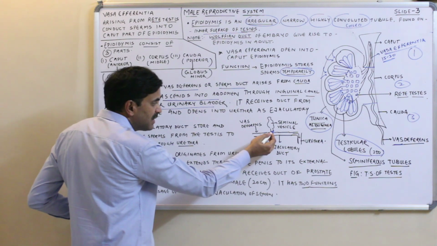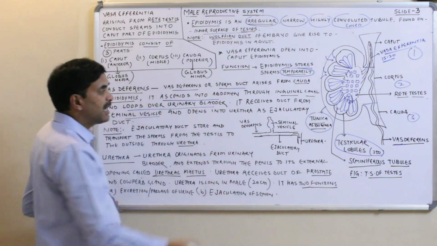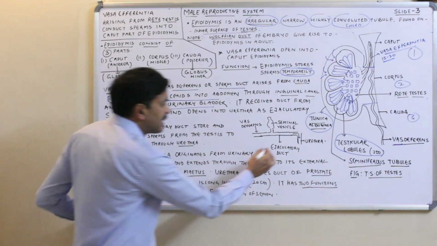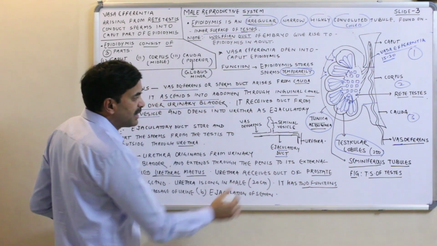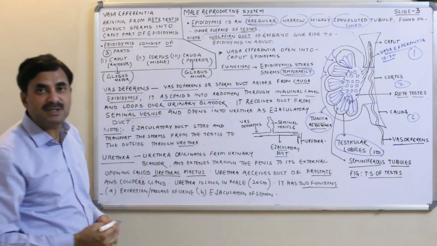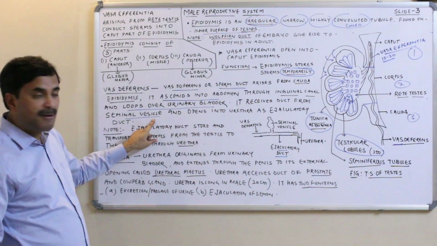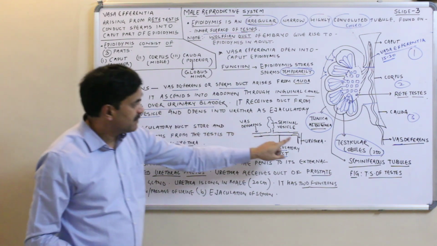So vas deferens, after making a turn around the urinary bladder, receives a duct from the seminal vesicle, and now the duct of the seminal vesicle combines with the duct of the vas deferens to form the ejaculatory duct, and the ejaculatory duct ultimately opens into the urethra.